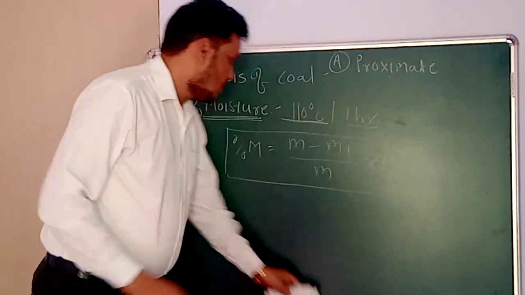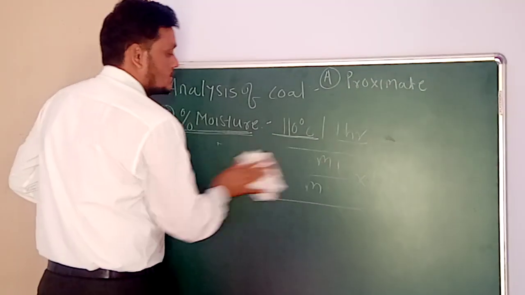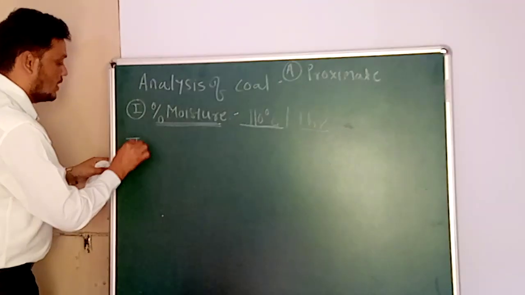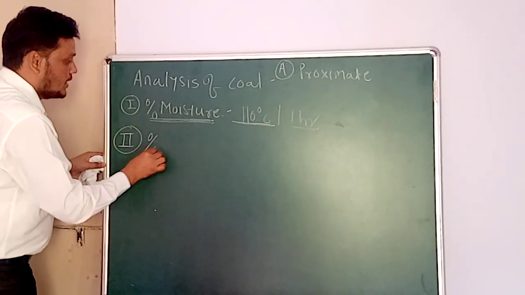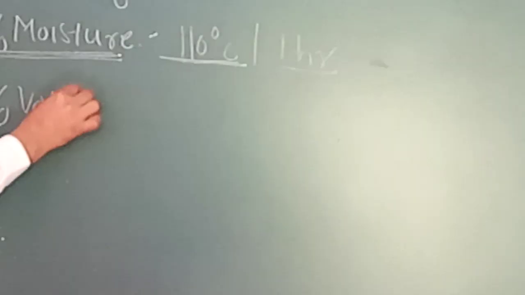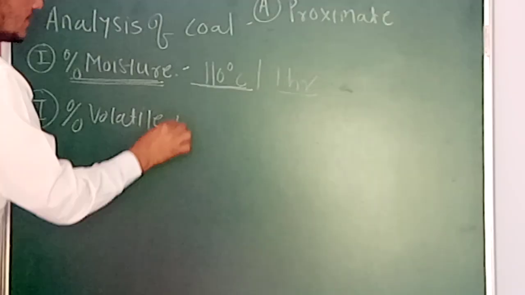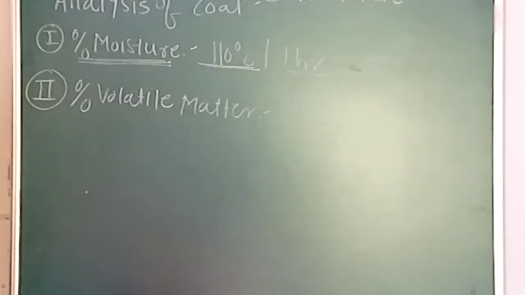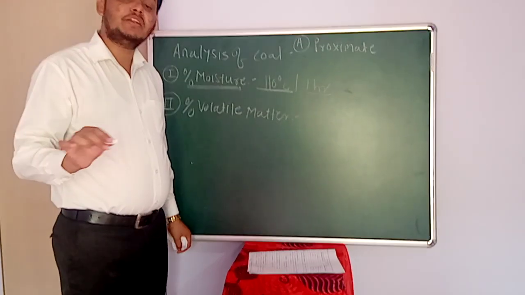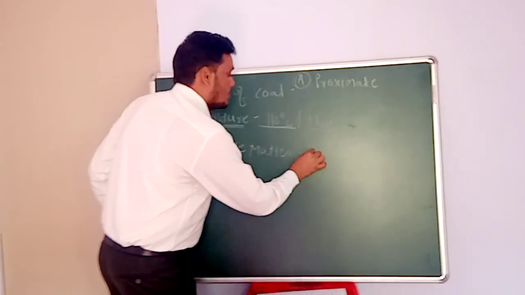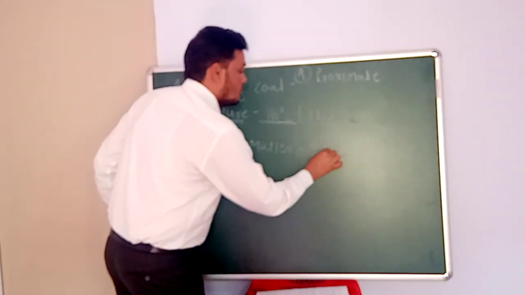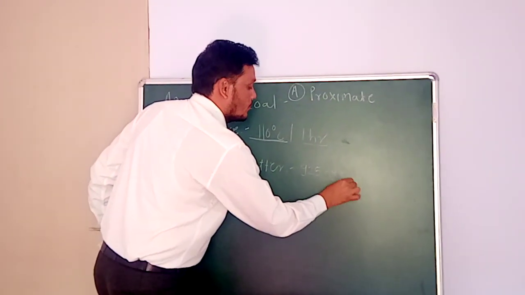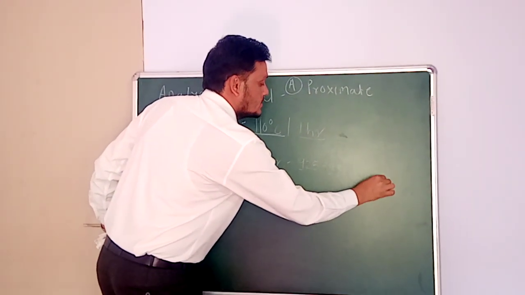Now, the second one is percentage of volatile matter present in the coal sample. A known quantity of moisture free coal sample is heated in a muffle furnace at a temperature of 925 to 950 degrees Celsius for 7 minutes.